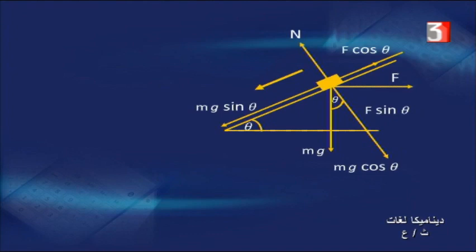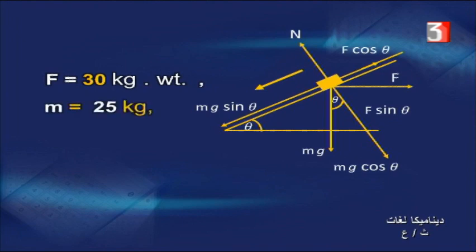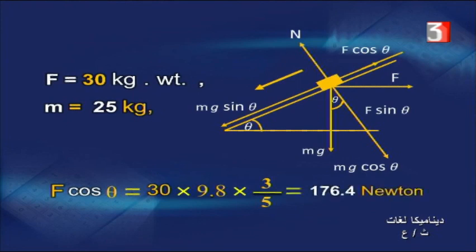Now we have a body of mass 25 and a force of magnitude 30 kilogram weight acts on it. Then F cosine theta, the component of the force F in the direction of the line of the greatest slope upward, equals 30 times 9.8 times cosine theta, which is 3/5, equals 176.4 Newton.